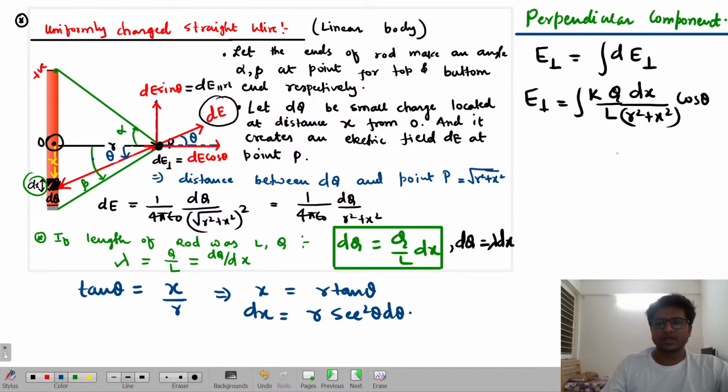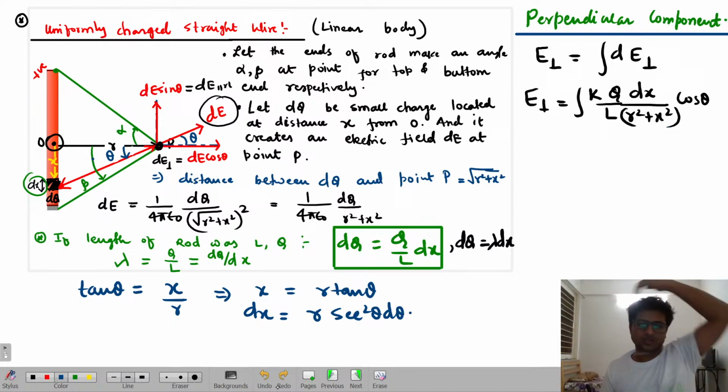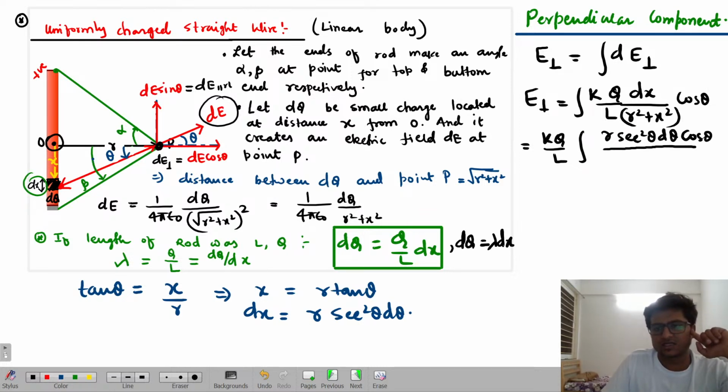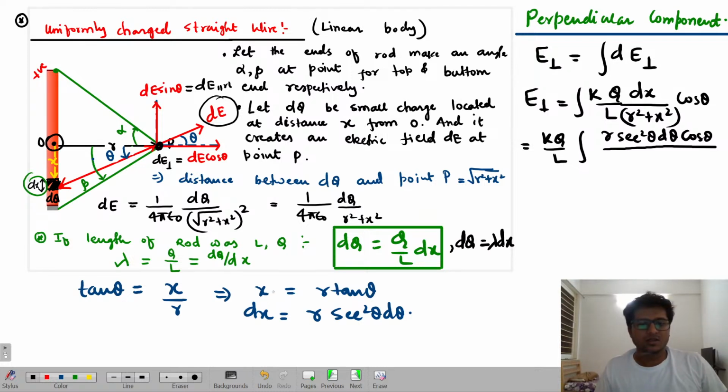So if I apply this over here as dx, because here there are two variables, x and theta, I must convert one of them into theta, isn't it? So I'll write E perpendicular as, this term will be reduced to kQ by L, outside, dx is r sec square theta d theta into cos theta divided by r square plus x square. So x square is how much? r square tan square theta.